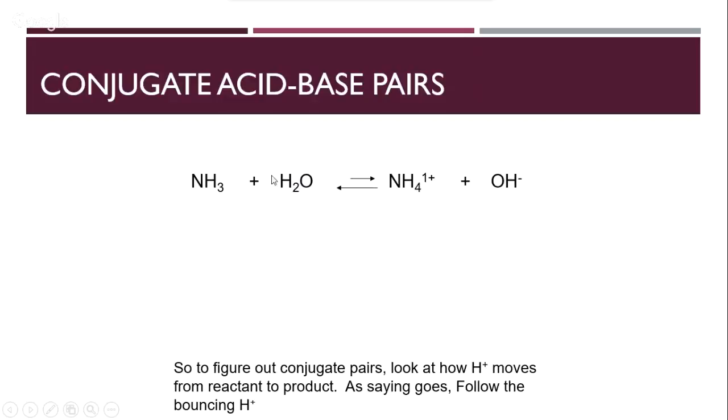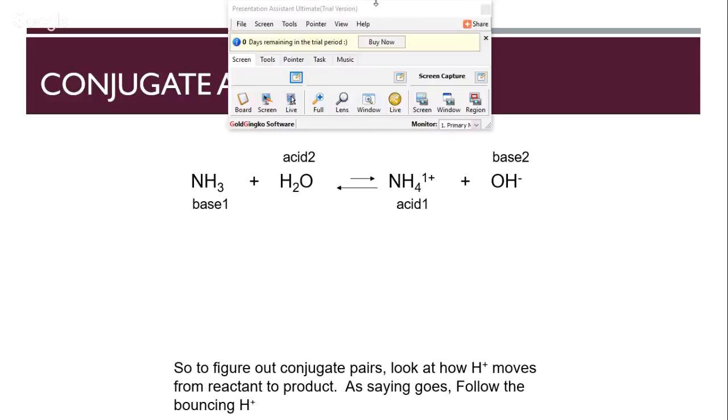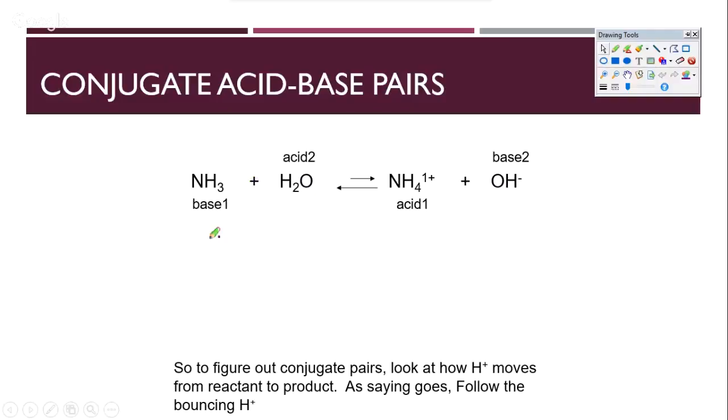Now, when H plus has moved from H2O to NH3, whatever is left behind is OH minus. So if you look at base 1 and acid 2, the base 1 and acid 2 have created the acid 1 and base 2. So it's pretty easy in this scenario to figure out how the acids and bases have worked.